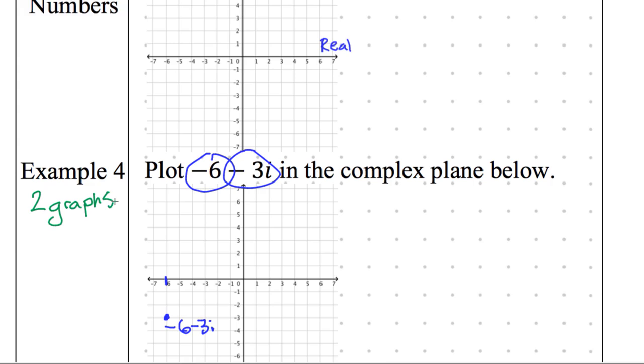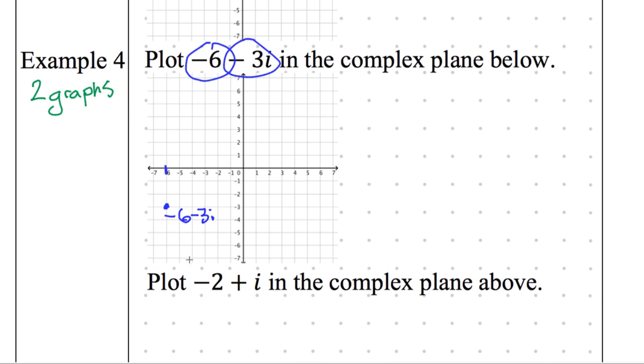I'll improve my notes for next year. Thank you for that. Plot -2 plus i on that same graph. Where does it go? Now check with people around you. Did they plot -2 plus i on this complex plane the same as you?